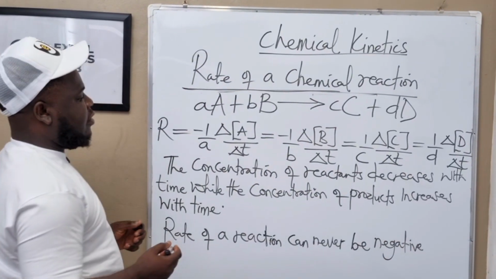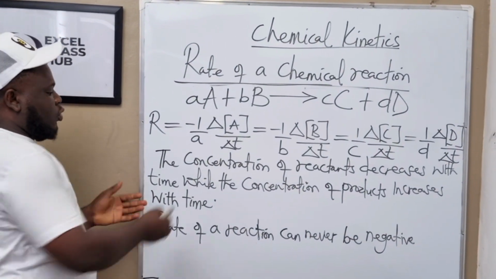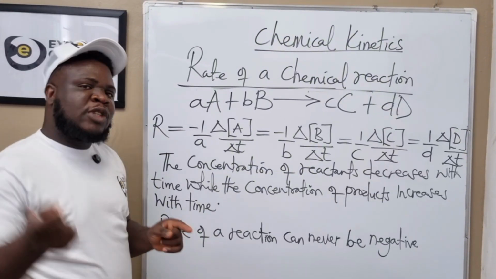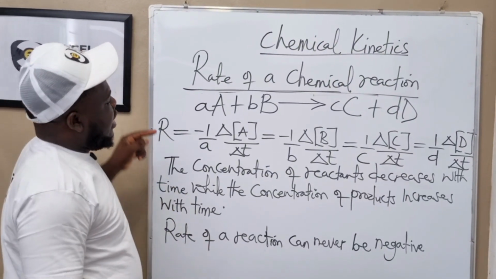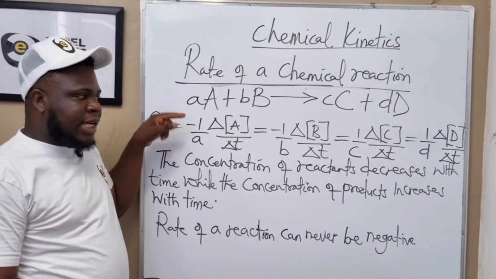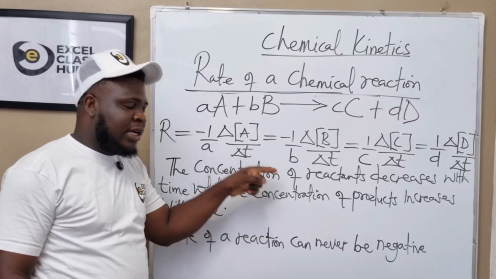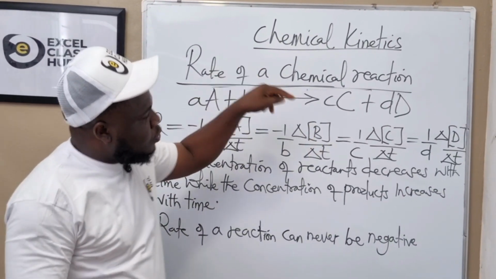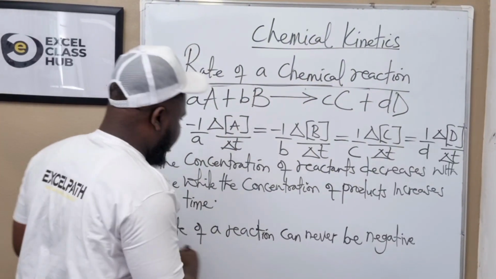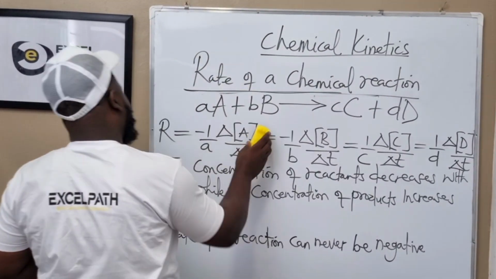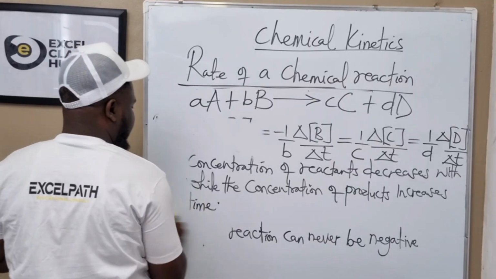Rate of reaction can never be negative. So these two statements will explain the reason why reactants normally carry a negative sign in the rate expression and products do not carry a negative sign. So let me begin to explain that one after the other.